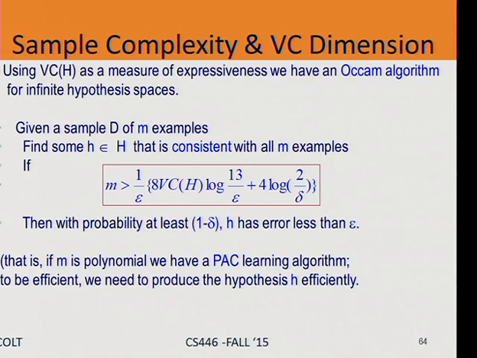It's Boolean functions. So again, M points, H can shatter them. Why is it that there are at least 2 to the M functions in H? When I look at these M examples, every example can be labeled positive or negative, and every subset of these M examples I can choose to be positive, and the rest negative.